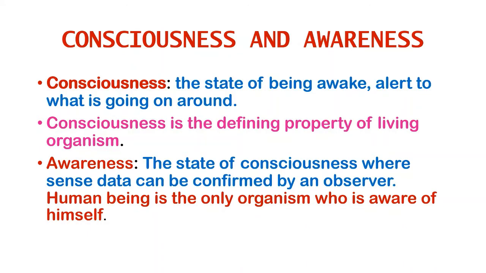Consciousness and awareness. Consciousness is the state of being aware, alert, of what is going on around. We are conscious, the defining property of living organisms. Then comes the awareness. It is a state of consciousness where the sense data can be confirmed by an observer.